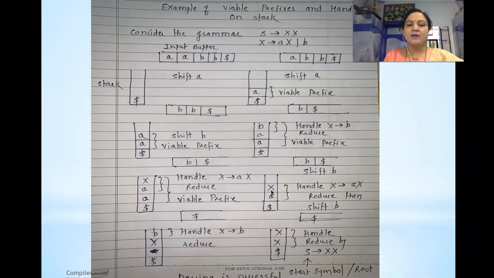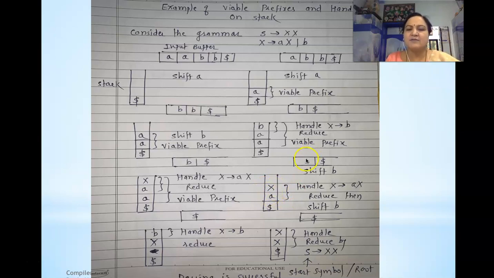Now the available content of the stack is $AX. Again AX is a handle here because we have a production X tends to AX. So we remove AX and push the left hand side, that is X, onto the stack.